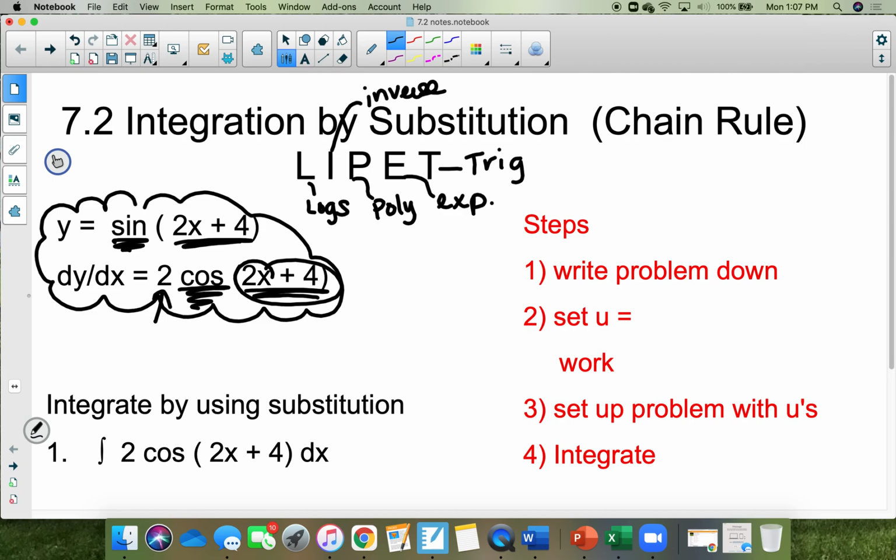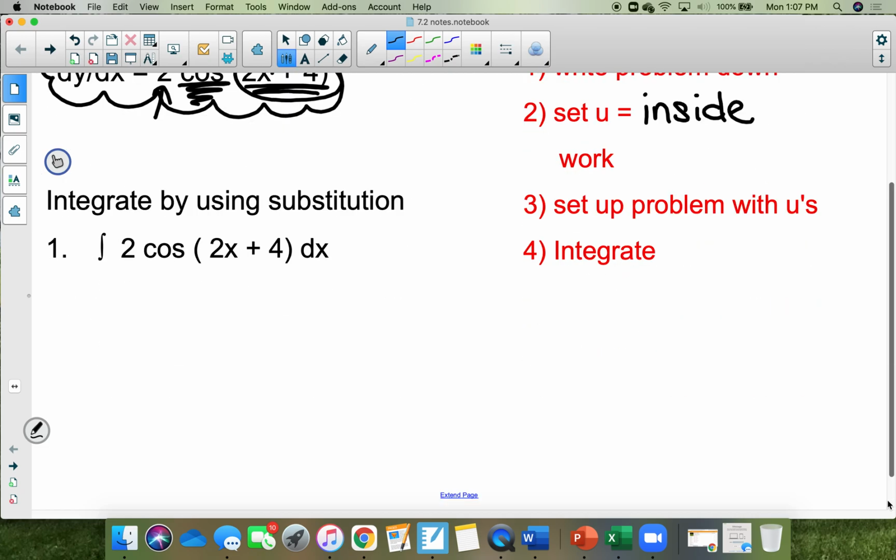Okay, so here are the steps. You have to let u equal the inside part. This is how you want to do this, and you have to be able to recognize this on the AP test. This part right here is the derivative of that, 2x plus 4.